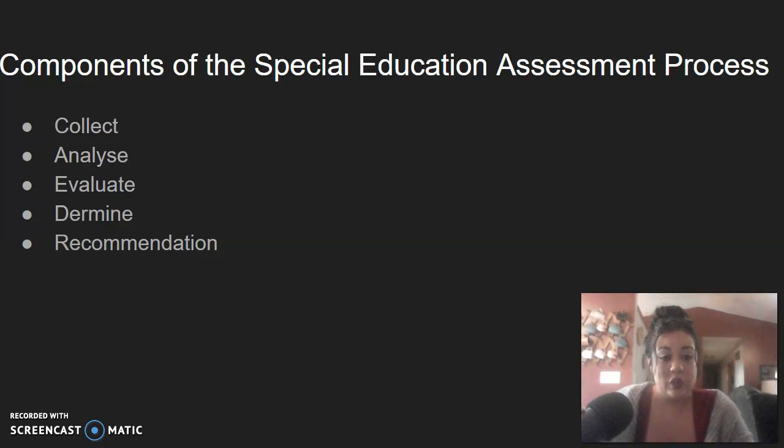So we're going to determine if there are patterns, and then we're going to evaluate, and that is determining their strengths and weaknesses. We're going to determine what we're going to do about that, and then we're going to implement our recommendations. And then again in the cycle, we would take those recommendations, collect more data, analyze that data, evaluate, determine, and come up with more recommendations.